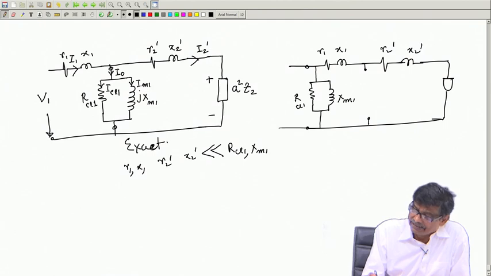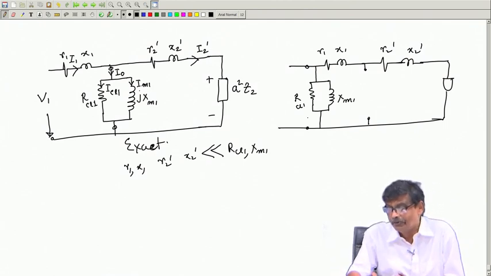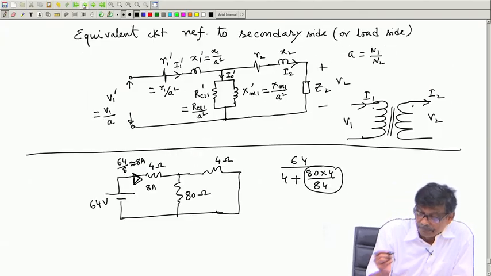So, you are approximating something, but at the same time you are not totally ignoring this part. Like the previous problem.